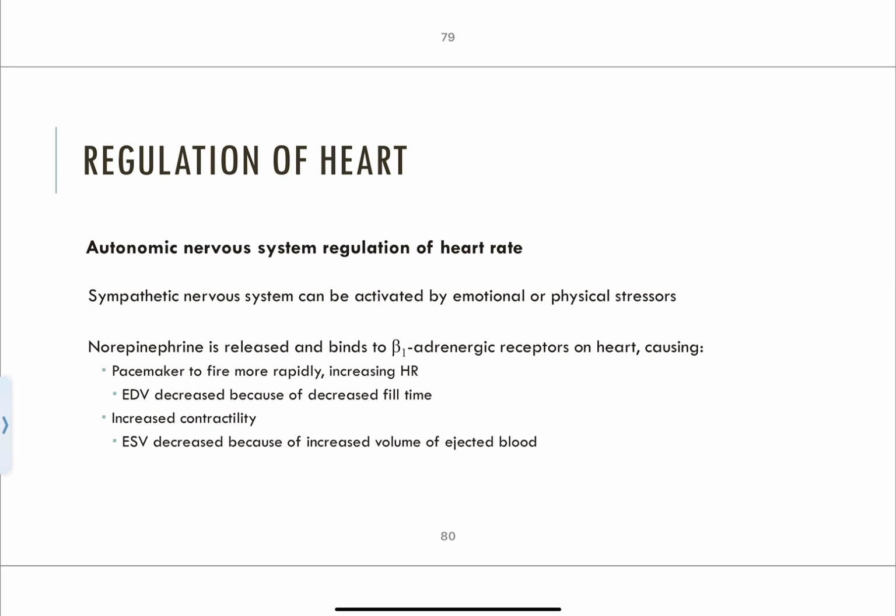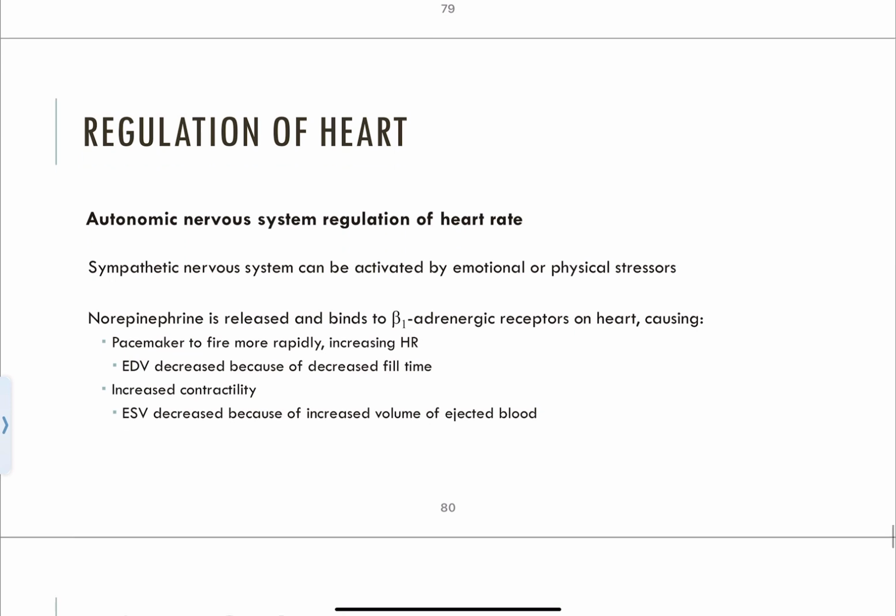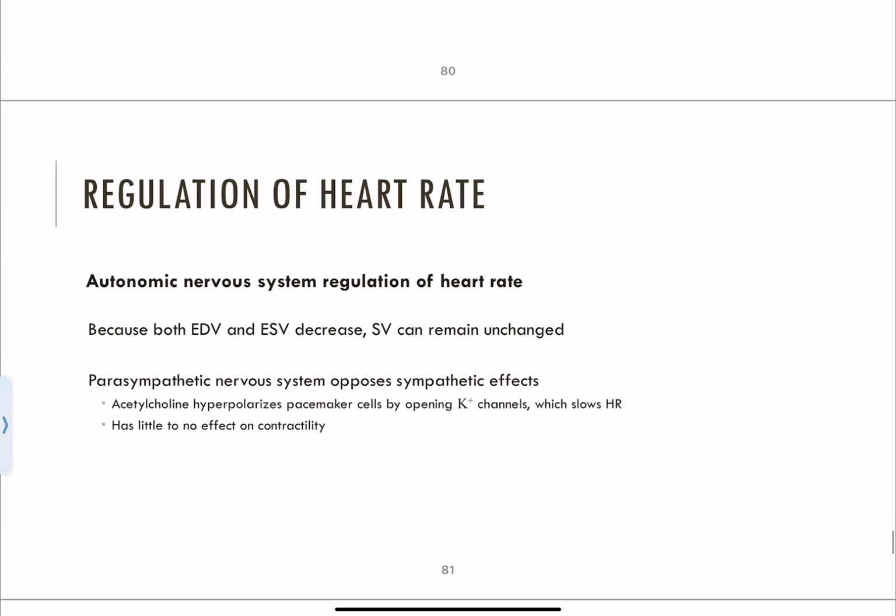Increased contractility means our end-systolic volume is decreased because of the increased volume of blood ejected at the time. Because both our end-diastolic volume and our end-systolic volume decrease, our stroke volume can remain unchanged.